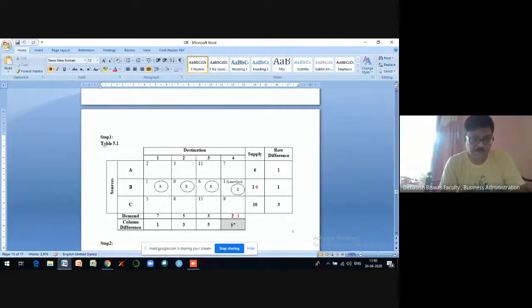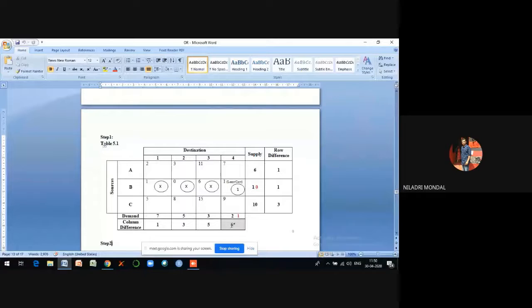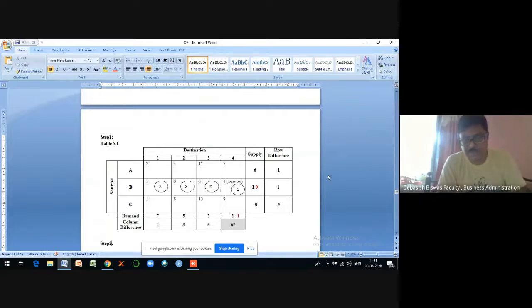We have to search for the two lowest elements from each row and take the difference, and we have to take the difference of the two lowest elements of each column as well, and write it here. So we have written 1, 1, 3, and we have written 1, 3, 5, and 6. Clear?